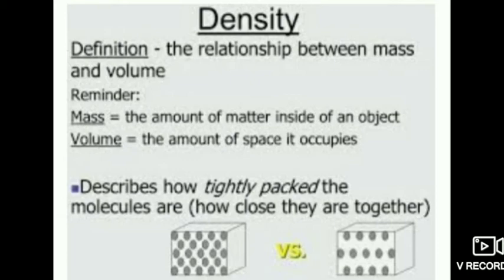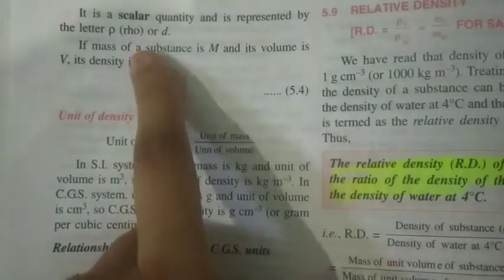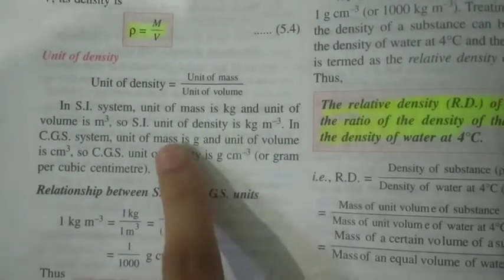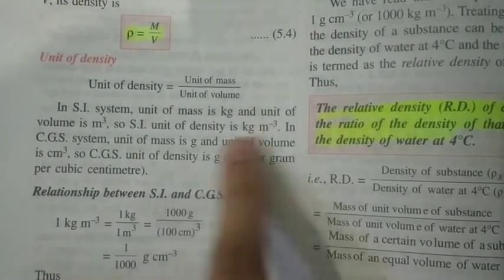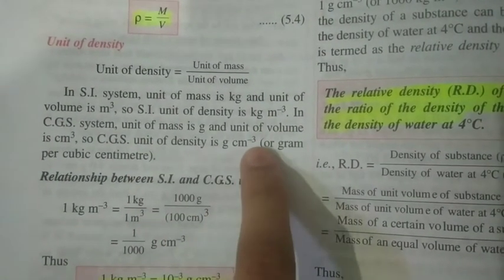So concluding this, the unit of density is kg meter minus 3, because in the formula volume comes in the denominator, so when it moves up, it becomes minus 3. So basically the SI unit of density is kg meter minus 3, and the CGS unit would be gram centimeter minus 3. So I told you that it is a scalar quantity. The SI unit is kg meter minus 3 and the CGS unit is gram centimeter minus 3.